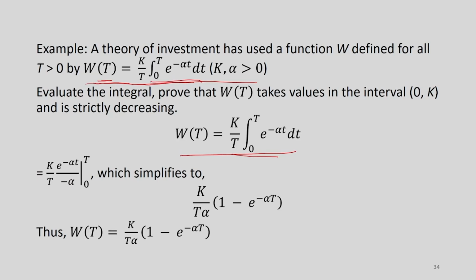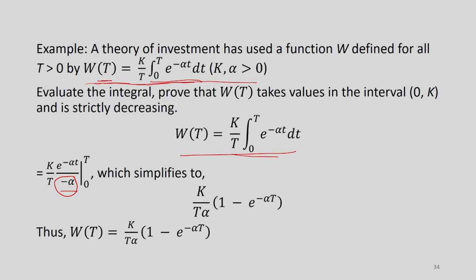Alpha is a constant, so we know how to do that. It is e to the power minus alpha t divided by the coefficient of small t, and the coefficient of small t here is minus alpha. So, that is coming in the denominator, right? And in this context, capital K and capital T are sitting outside because they are not functions of small t.